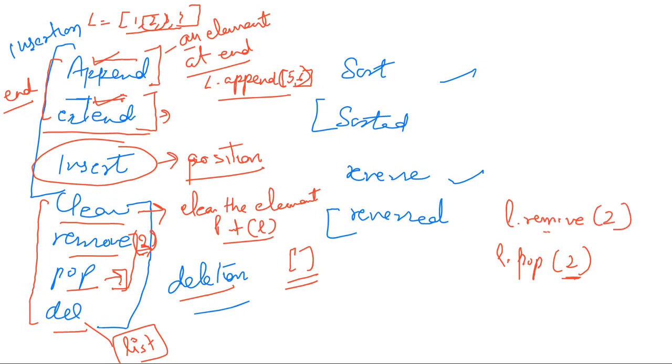In case of remove, if you are giving 2, it means it will remove element 2 from the list. So you will get 1, 3, 4. But if you write L dot pop 2, it will remove the element at index location 2, like 3 will be deleted. So you will get 1, 2, 4. Fine.